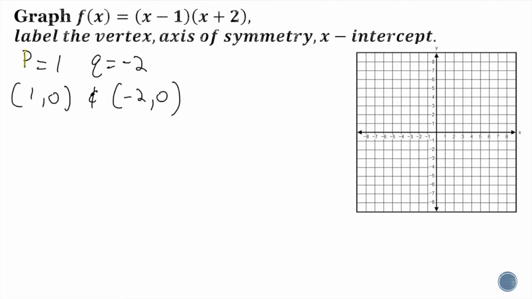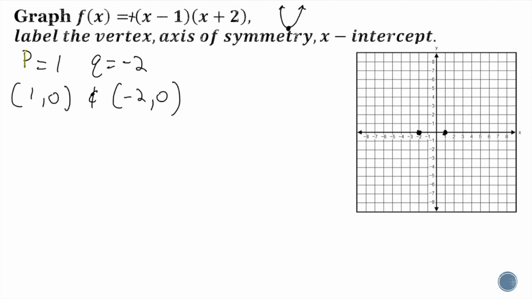So I'm going to come over to my graph. Here is (1, 0), and here is (-2, 0). Now my value of a is positive, so my graph is going to open up with my vertex at a minimum, with a minimum value.